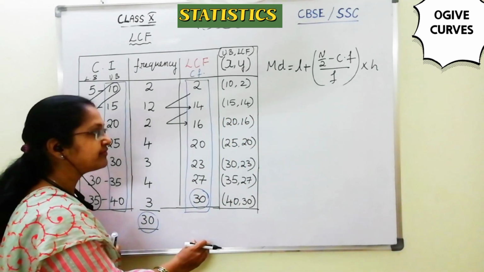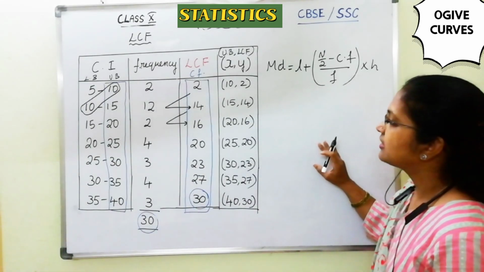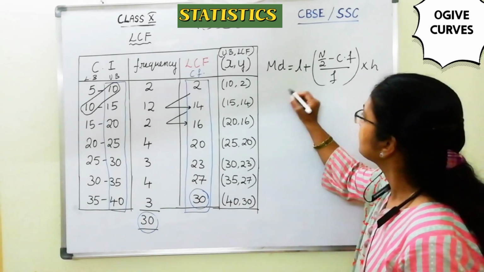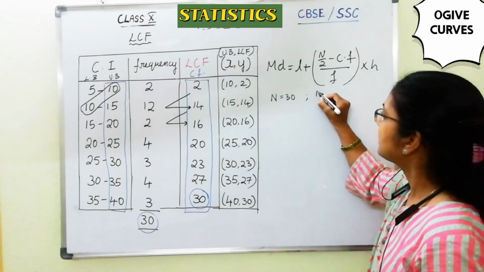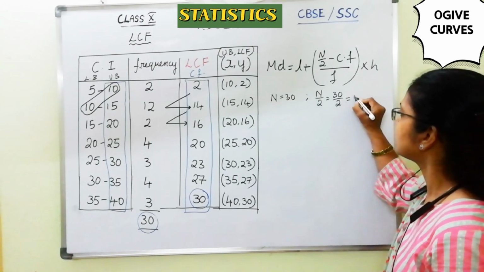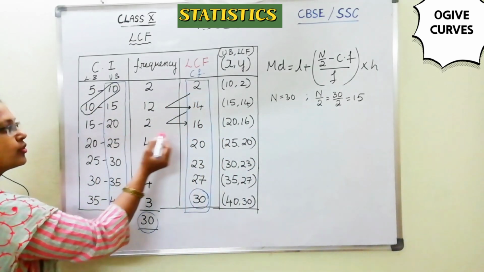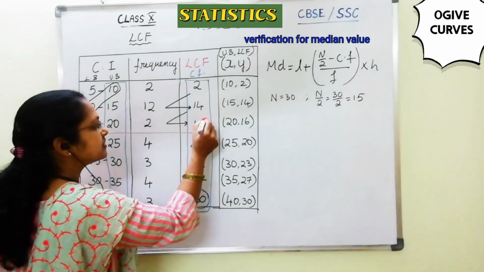Before plotting the graph, let us do the verification first so that after drawing the graph we can just verify our answer. Here n is equal to 30, n by 2 is equal to 30 by 2 which is equal to 15. n by 2 is 15, so the greater than and nearest value we will select for verification.